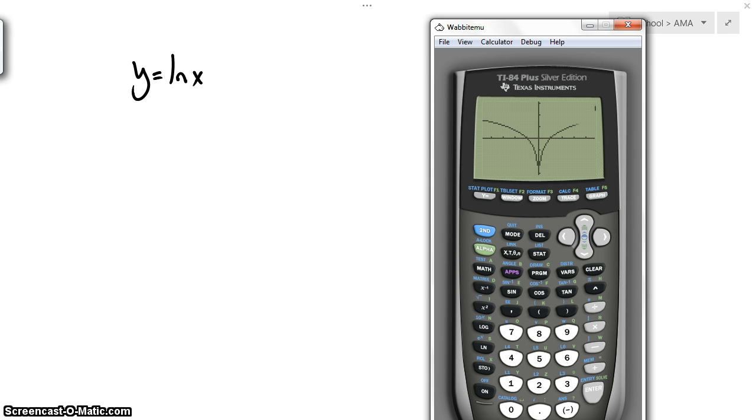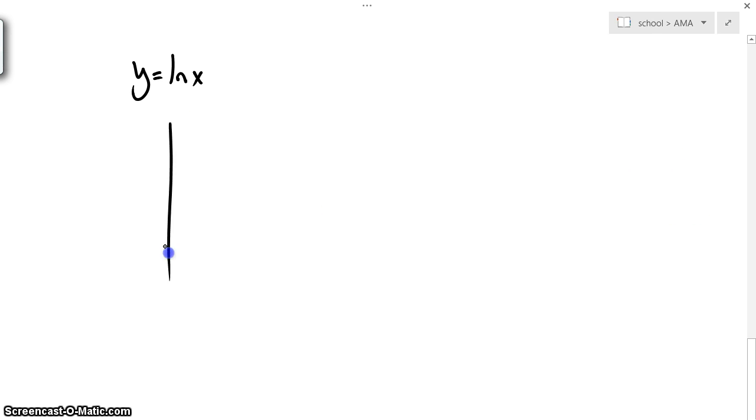All of a sudden, you're going to see that points that were not present before are now included. You see, I wouldn't have been able to work with x of -1 plugged into the original function. But you can see, even when we go to our table here, 0 is still undefined, but I'm allowed to have negative values of x plugged in. So just helping you out real quickly, what did the natural log of x look like? Well, roughly something like so.